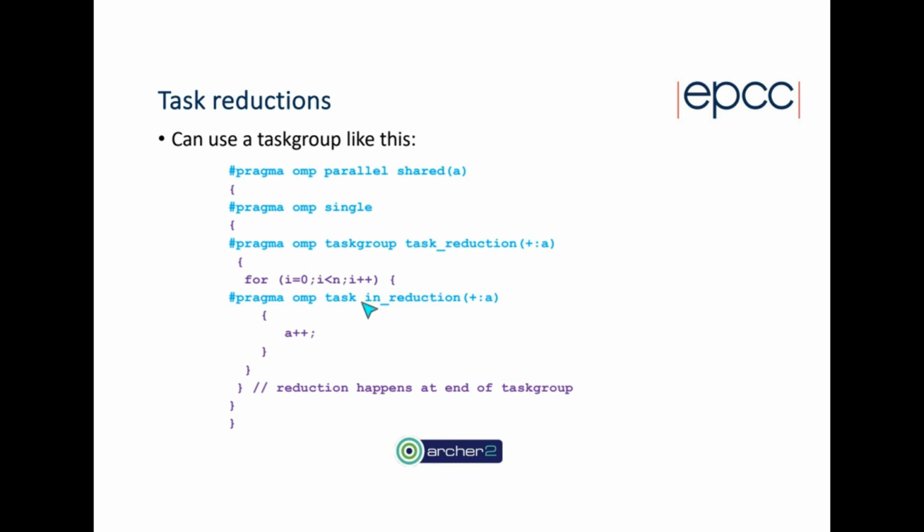Then we also have to tell the runtime on the task that this task is going to access this reduction variable. So it's a little bit messy. And in this case, the reduction operations are actually going to happen at the end of the task group. So it is possible to do reductions with tasks, but it's a little bit more complicated and messy than you might like.